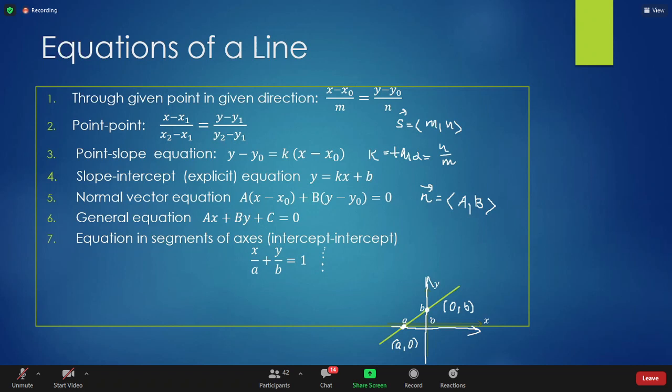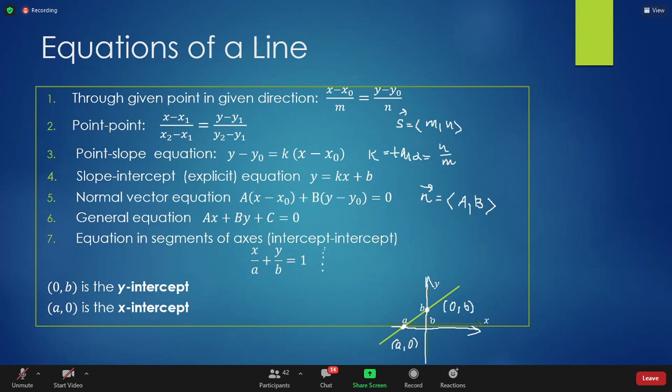And so, the x-intercept and y-intercept, the 2 intersection points with the axes. These constants A and B, the intersection point with the x-axis and the intersection point with the y-axis, will actually hold throughout analytic geometry.